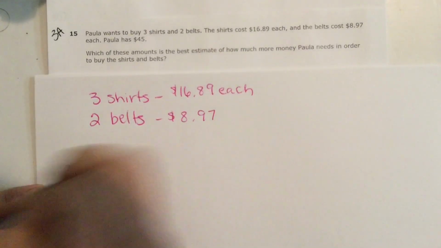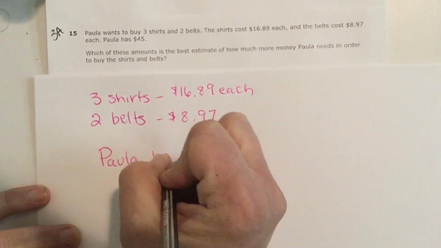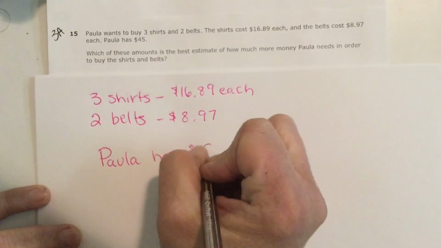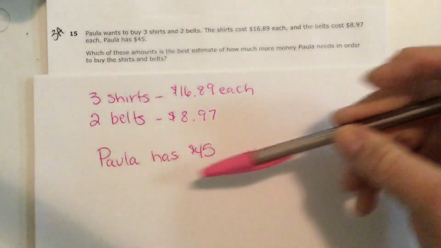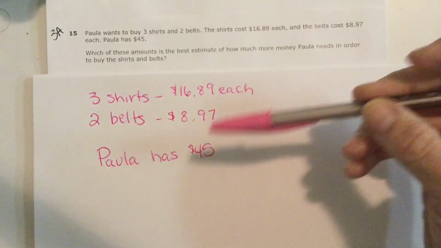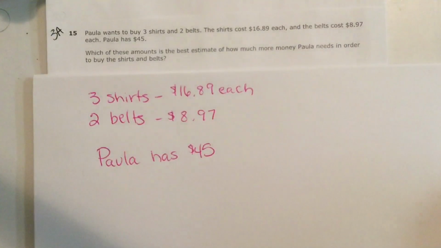And then Paula has $45. Okay, so here's what we know. We know that she has $45. We know that she wants to buy 3 shirts and 2 belts. Okay, so my question for you for this question is, what steps are you going to take? Tell me everything that you're going to do. So I want you to explain to me.